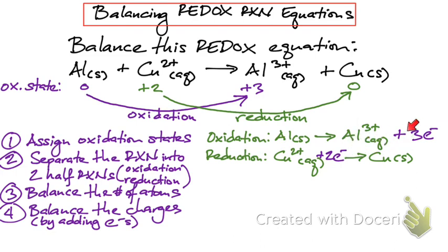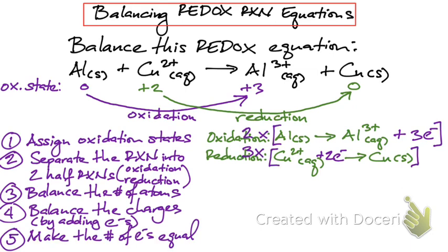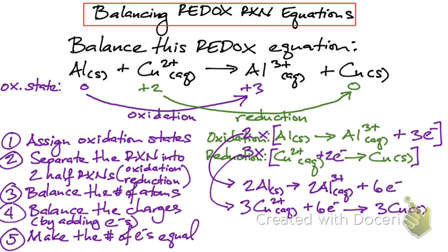In order to make them equal, we would have to multiply the oxidation reaction by 2 and multiply the reduction reaction by 3, because the least common multiple here is 6. So we would multiply the first one by 2, the second one by 3. Okay, and then distribute. And now all the electrons are equal for both half reactions.